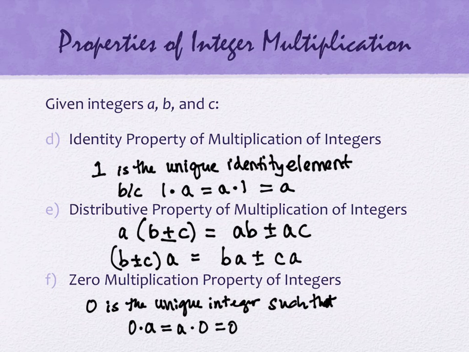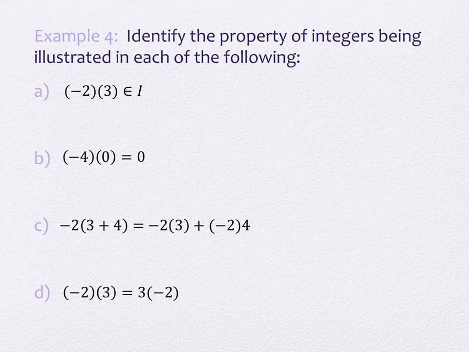All right, so we're going to take a minute. I want you to identify which property is being listed in 1 through 4, or A through D, I guess it's listed. Once you have your list and you've identified what you think it is in A, B, C, D, turn to a neighbor and check and see if you got the same things. Then we'll come back together and make sure that everybody has the same.